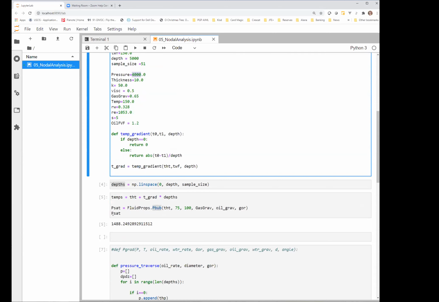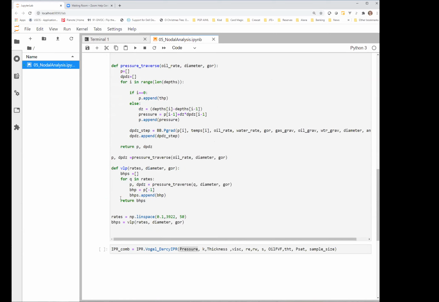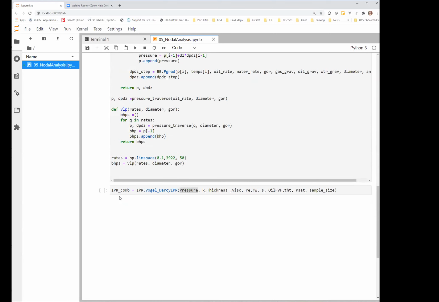And I know the saturation pressure is 1488, so we are going to be in the situation of the combined IPR, which is my default case. I mean, no matter if you are above or below, the Vogel-Darcy function already checks the conditions, and based on the conditions, it will decide what to use.